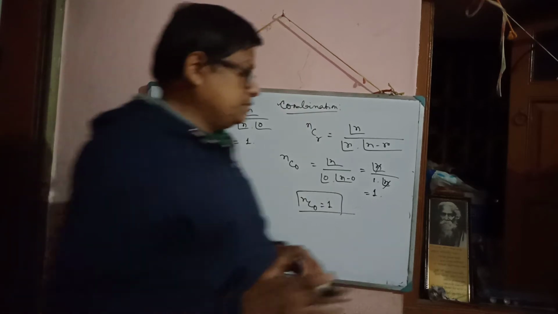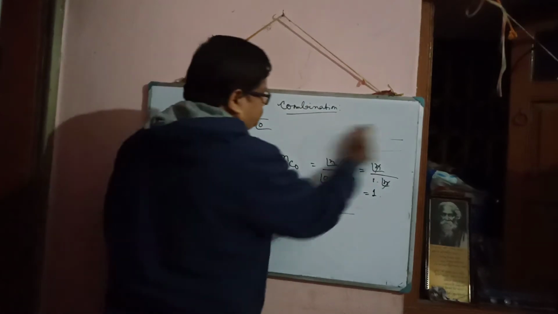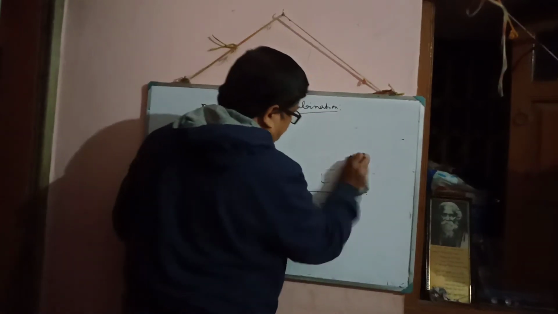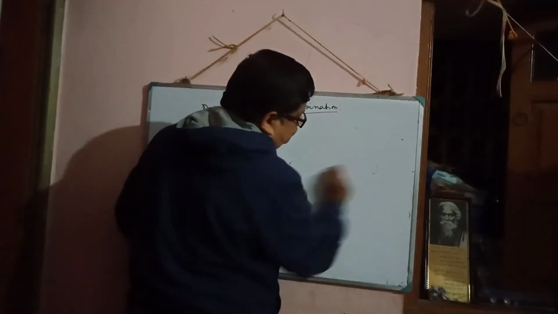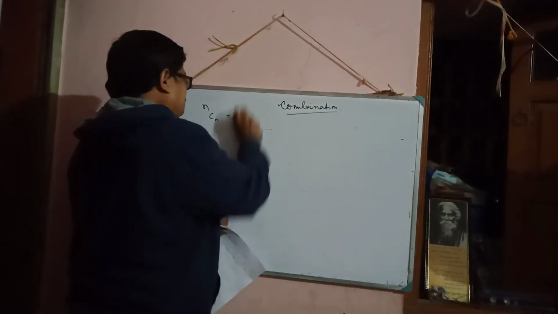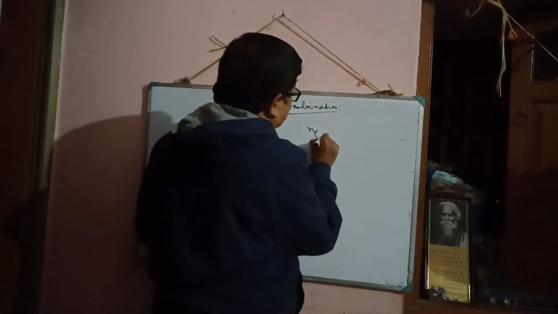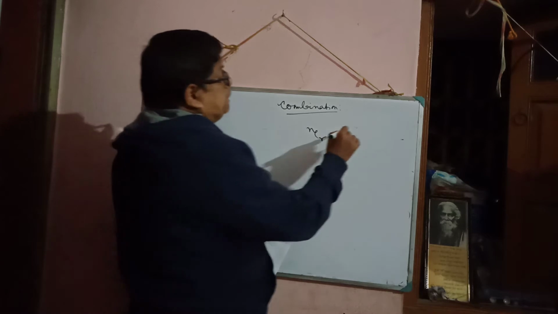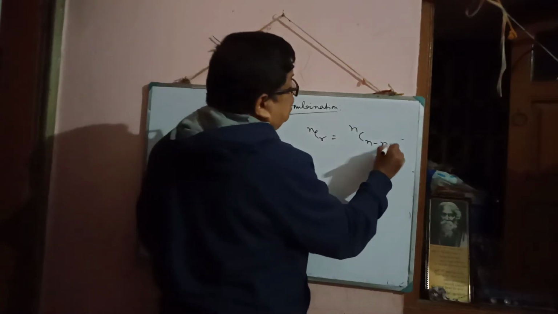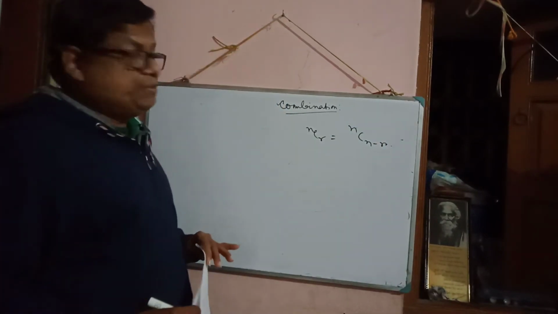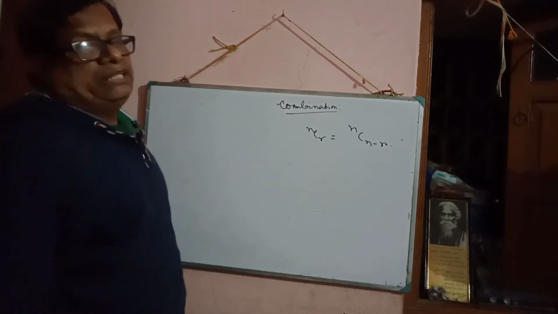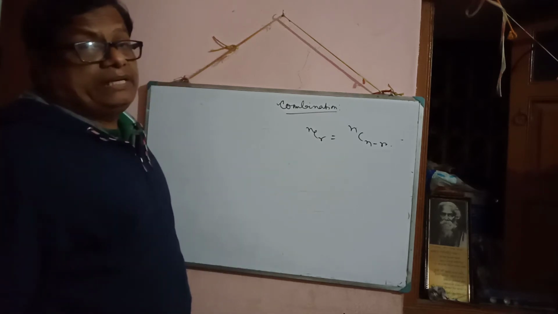Now, nCr equals nC(n minus r). Keep in mind nCr equals nC(n minus r).